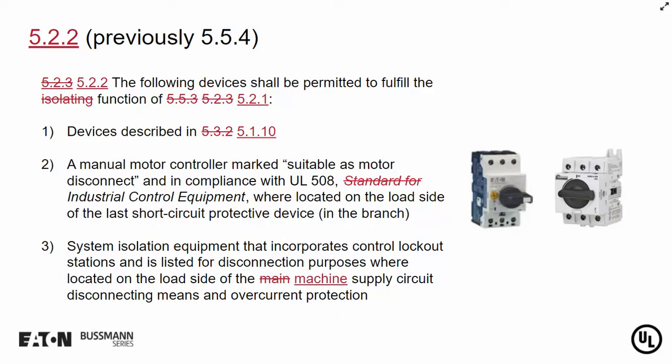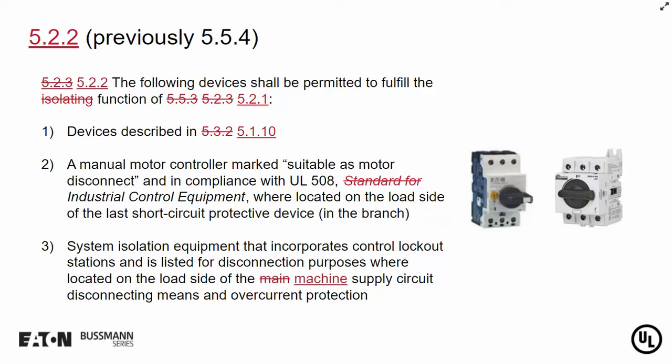Those are those typical MMPs you see that are listed to UL 508. And then on the left, we have what we call a non-Q switch. Those look like a switch, but they're listed as a manual motor controller.